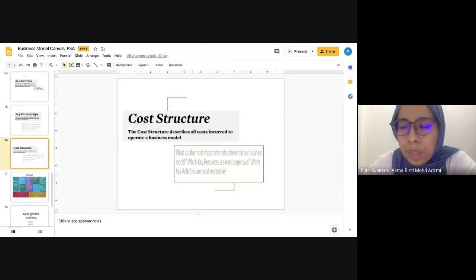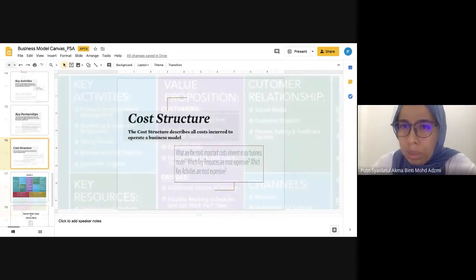But some will be able to do it by way of social media, and they probably have zero cost on social media unless they want to go by way of FB ads, for example. Right? So once you are able to understand your key activities and key resources, then you are able to list down your cost structure.